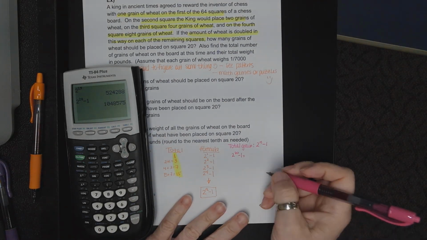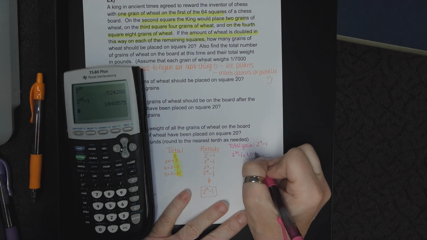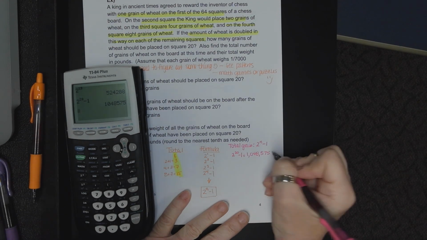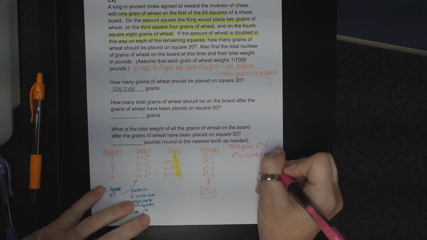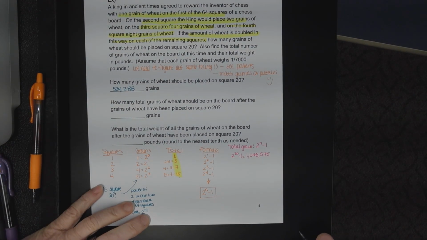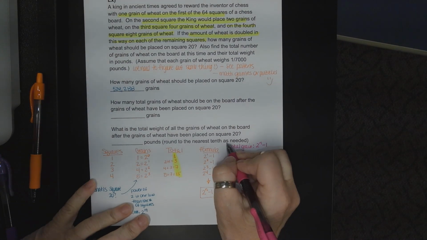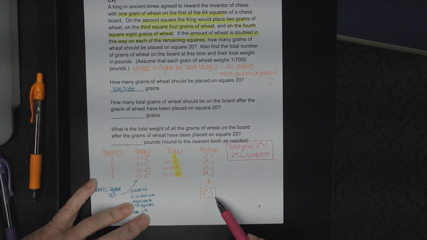Well, that's what we're going to get. 48,575. Okay. Our total grains. All that came from us developing this generic formula.